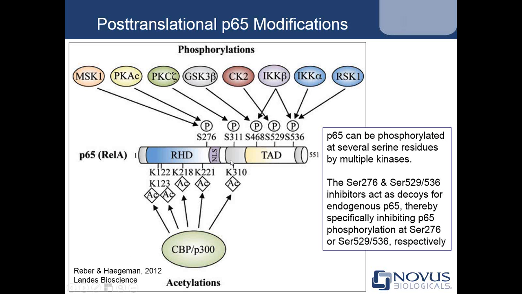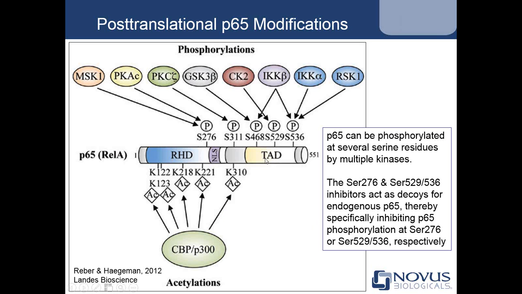Well, all of these signaling pathways are very, very complex, and I thought I'd show you NF-kappa B as a good example, and this is from an excellent publication, which I would encourage you to look at. Here are all the post-translational modifications that may occur in P65 on its way to activation, including various serine phosphorylations and different acetylations.